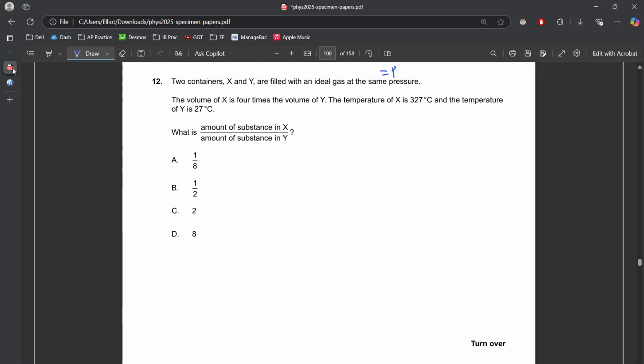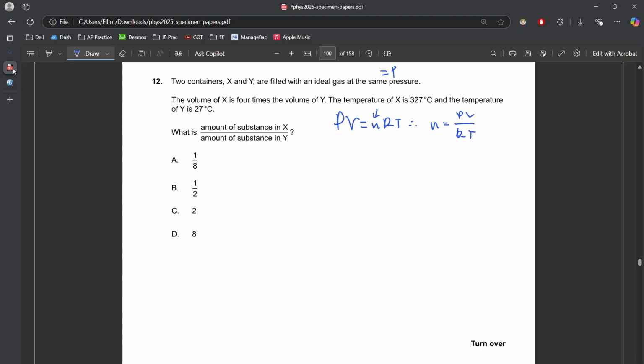Okay, all right. Well, this is good old PV equals nRT. If I had to guess, which I do, I am a guessing man. So I'm going to solve for n, so this shows that n is equal to PV divided by RT.